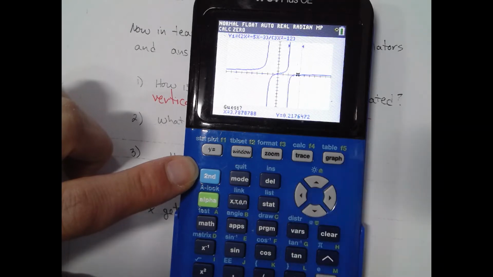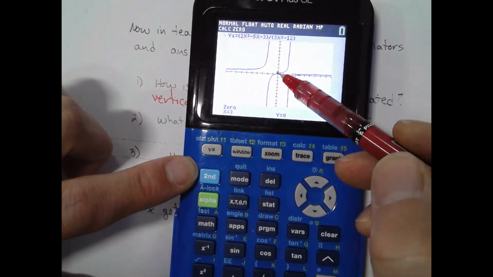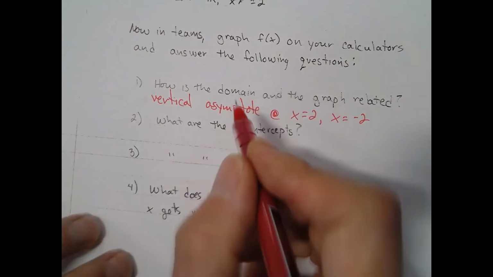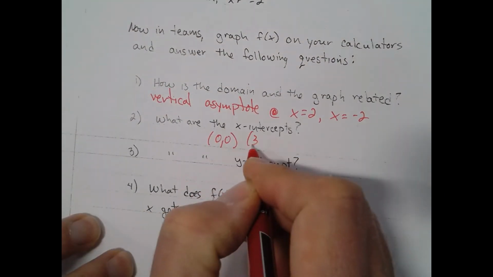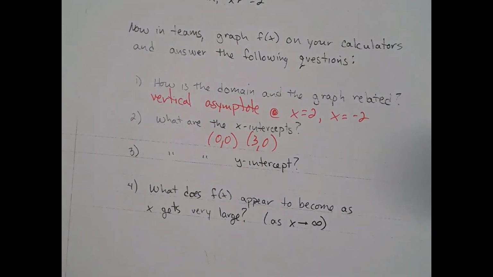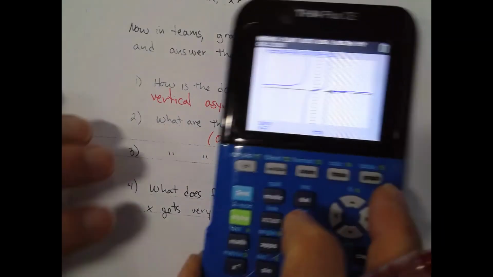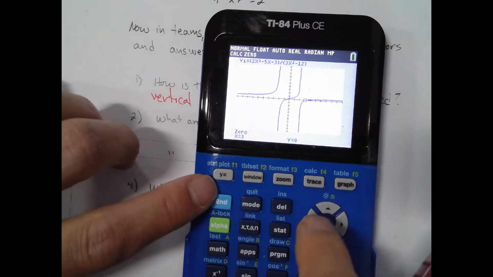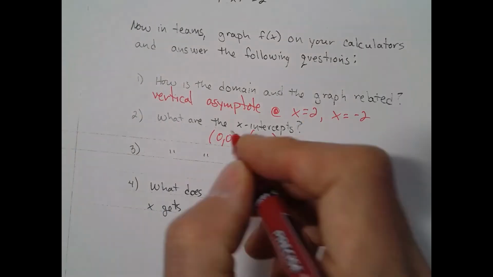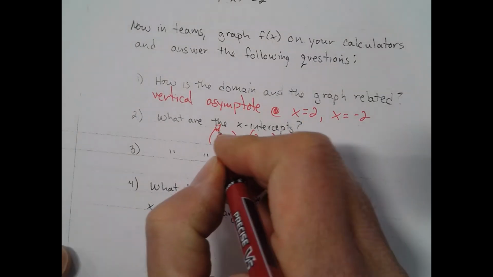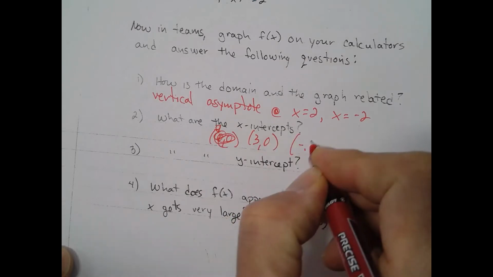Guess, and I've got 3, 0, and that looks like 0, 0. So 0, 0 and 3, 0 are the x-intercepts. No, it's negative 0.5. Oh, okay, thank you. So I'm trying to save some time. So it's negative 0.5, comma 0.